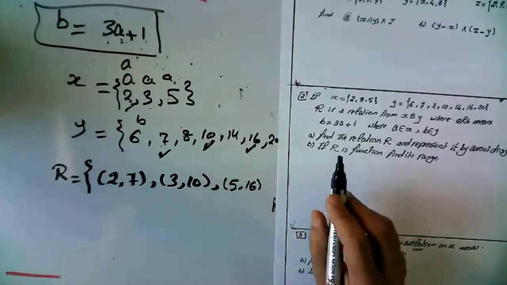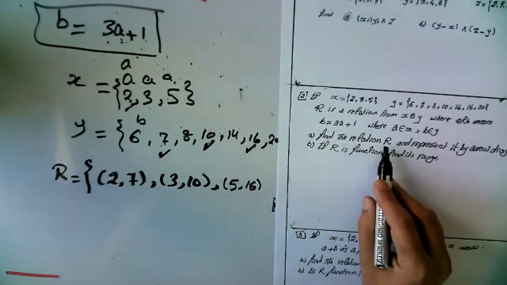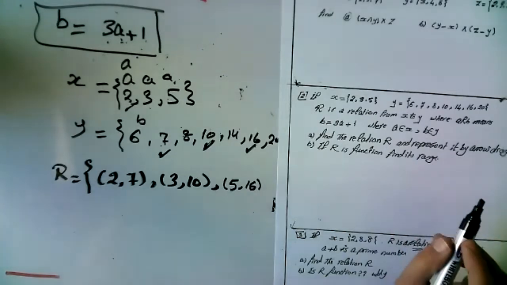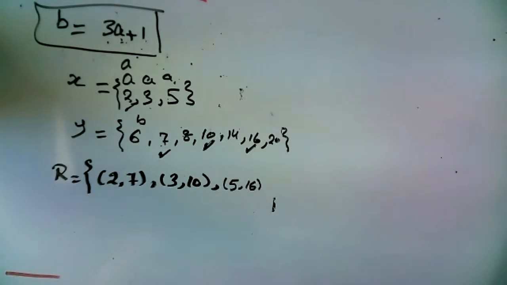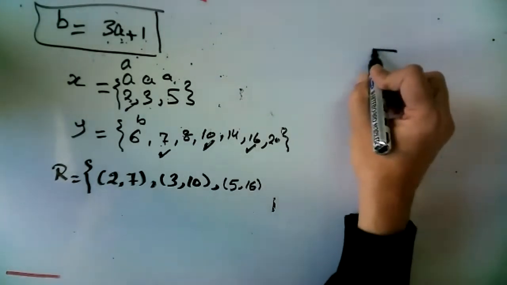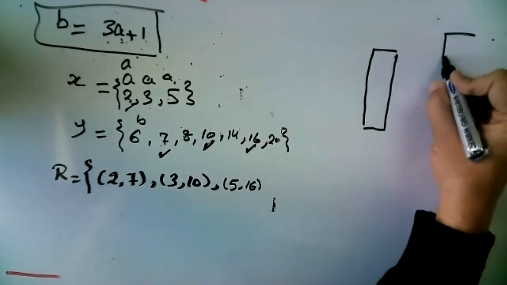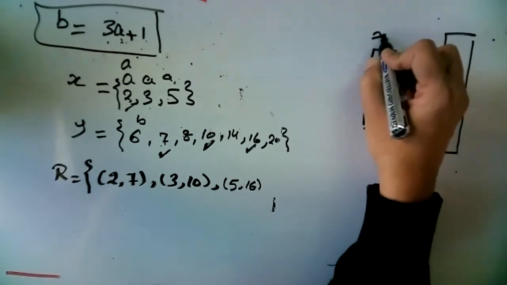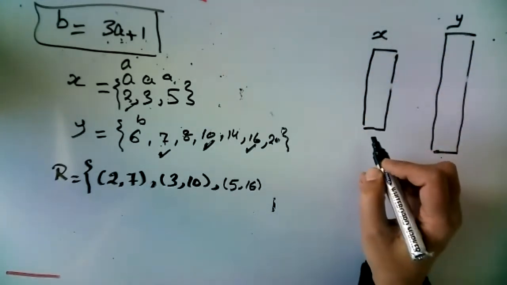After getting the relation R, represent it by an arrow diagram. Draw the elements of the set x and the elements of the set y, represented in a rectangle like this.